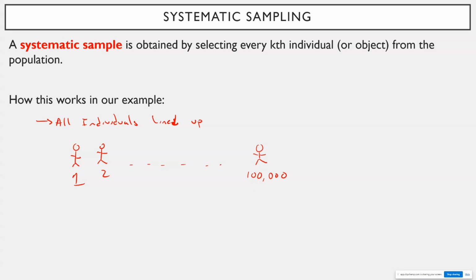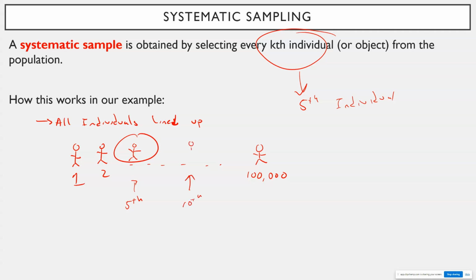By every kth individual, I mean, say, select every fifth individual. So we would talk to the fifth person, the 10th person, and so on. Then we'd take all those people and put them together, and that would be our sample. That would be a systematic sample.